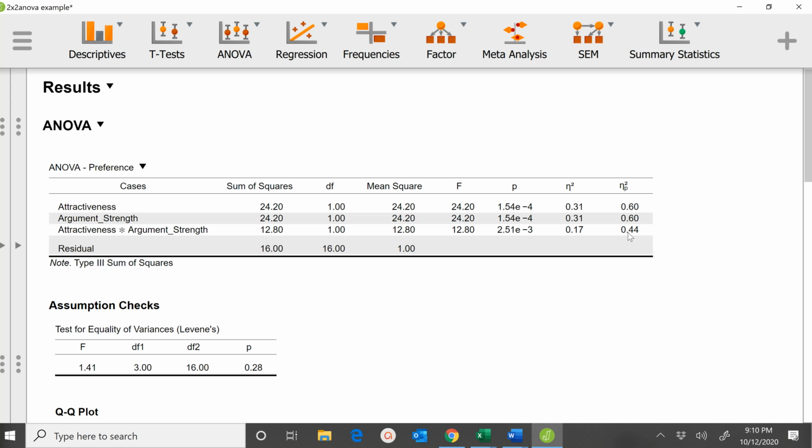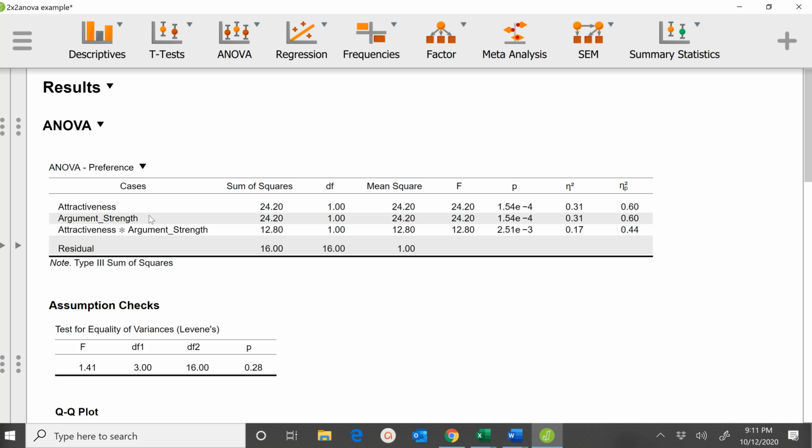The interaction accounts for 44% in preference after we account for attractiveness and argument strength. And also the interaction is statistically significant with a p-value of 0.002 and a reasonably large effect size.